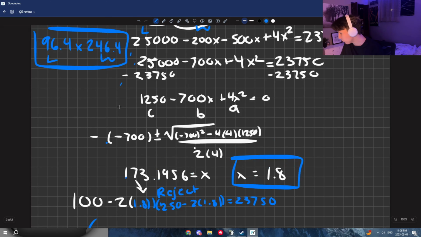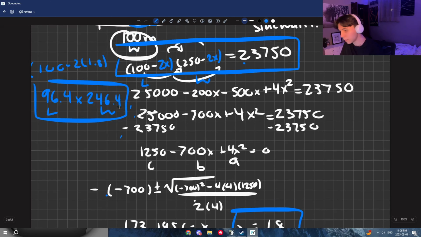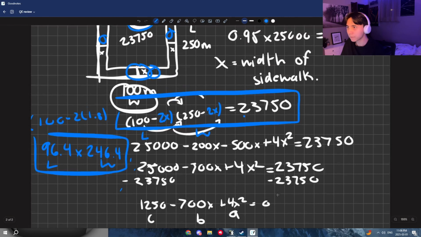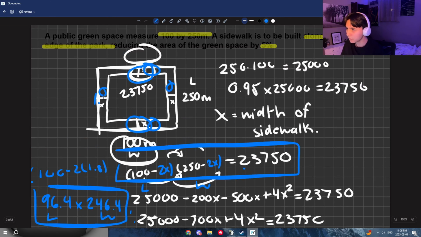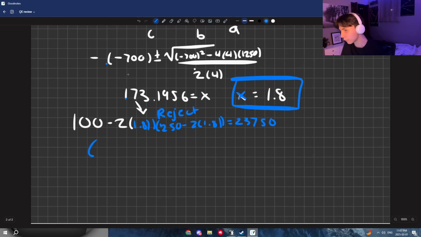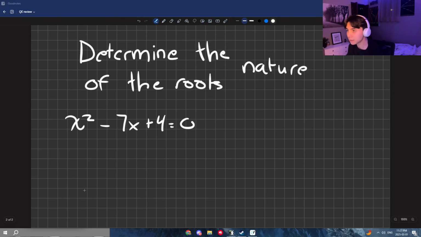And in terms of finding the width of the sidewalk, x is equal to the width, and the width of the sidewalk would be 1.8. So that means this all across would be 1.8, meaning we have solved this problem. Sorry, it's a bit of a mess, but basically, as long as you followed all the steps, you should be fine. Alright, so here's another problem that we have.